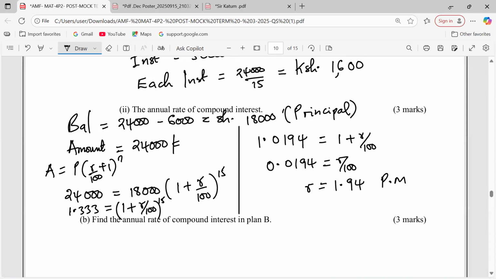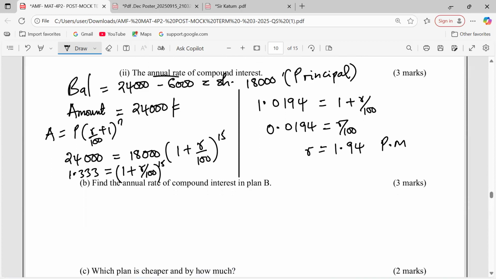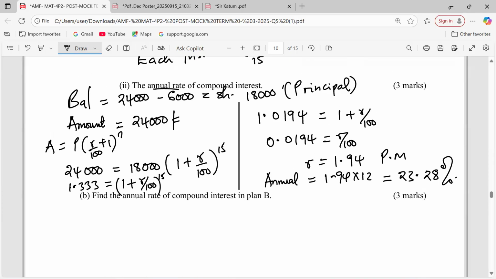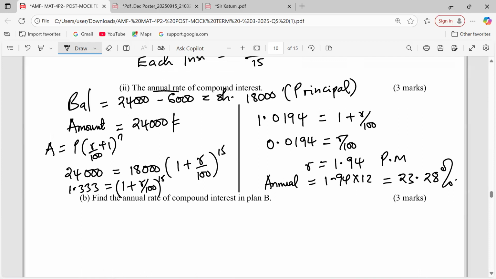But now this examiner wants it as annual. So for the annual rate, we multiply this by 12 months so that you may know what it is per annum. This gives me exactly 23.28%. So that is now the rate of compound interest.